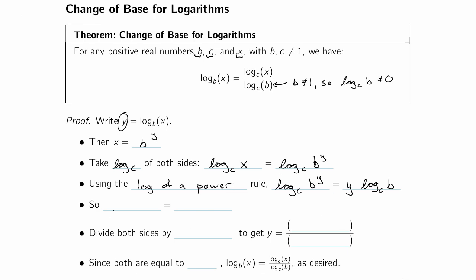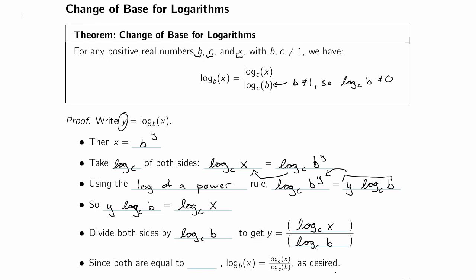So that means that y times the log base c of b, that's this expression, is equal to the log base c of b to the y, which is equal to the log base c of x. Okay, but then if we divide both sides by the log base c of b, we get that y is the log base c of x divided by the log base c of b.